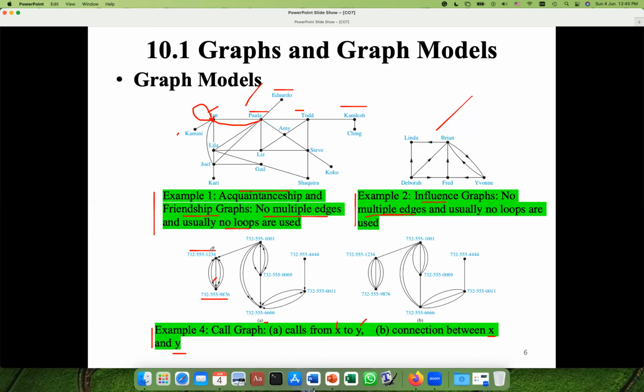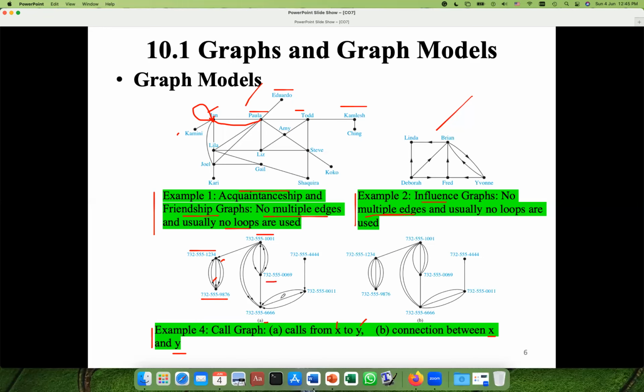So this number ending with 1, 2, 3, 4 is calling 9876. And similarly, from the other direction, this 9876 is calling 1, 2, 3, 4. And we have the same ideas discussed here among different numbers.